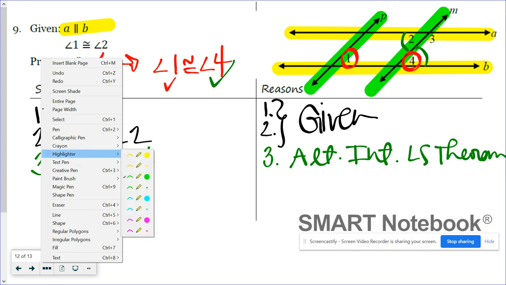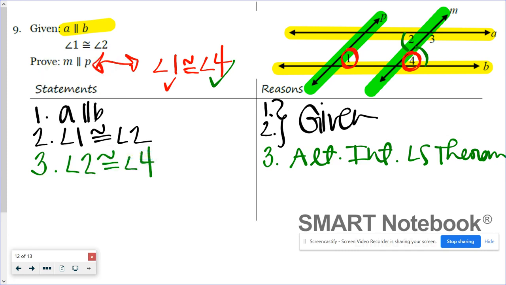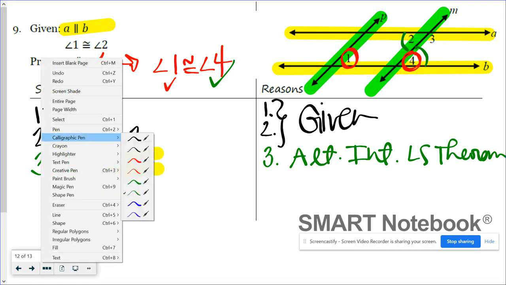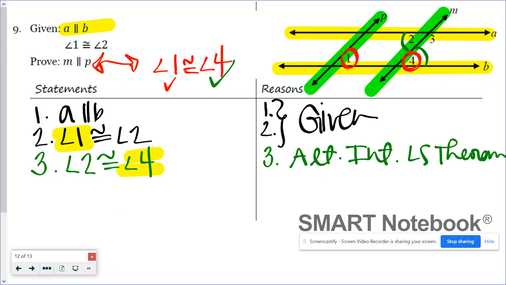So since both angles are now part of our proof, the question is, is there enough here to say they're congruent? So here's our angle 1, here's our angle 4. Is there enough here to say they are congruent? Yes, you are correct. So we can say that angle 1 is congruent to angle 4, and that is the transitive property.